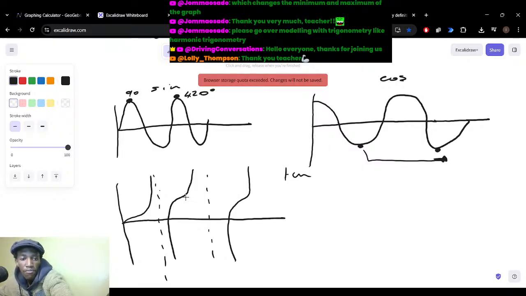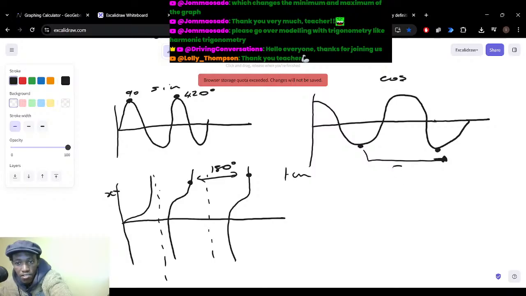But however, for a tangent, this height, let's call it x, will then be reached after 180 degrees. 180 degrees.